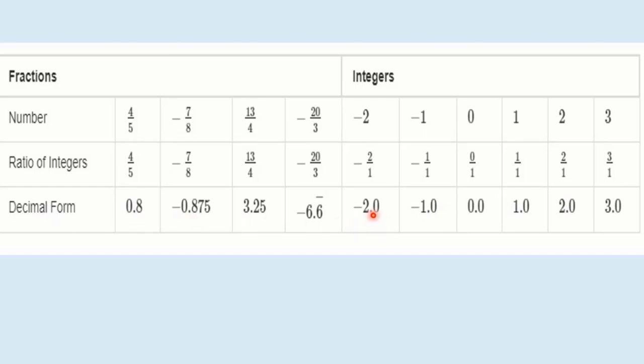Simple: when in decimal form there is only 0 and it just ends there, then it is an integer. If it is minus 2.05, then it is not an integer, it is a fraction. So minus 2.0 is an integer, and when there are any numbers other than 0, then it is a fraction.